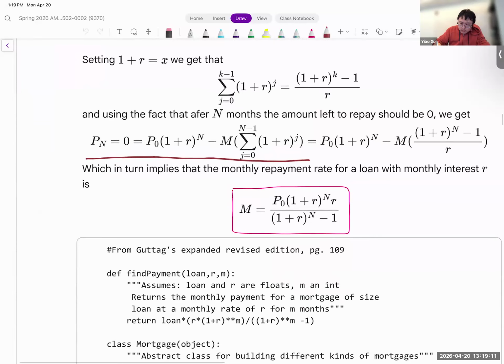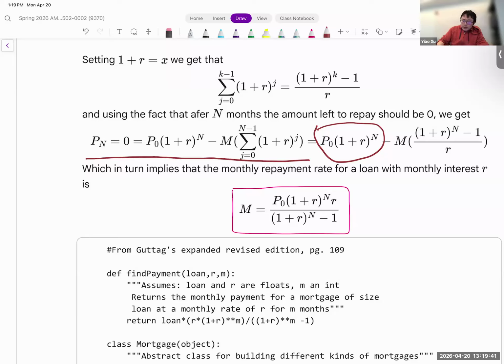Okay, so after cap N periods, the principal has accumulated up to this kind of investment for a bank. And then they want you to collect that amount. If they would just lend it to you and you would pay every month this cap M amount for cap M periods.